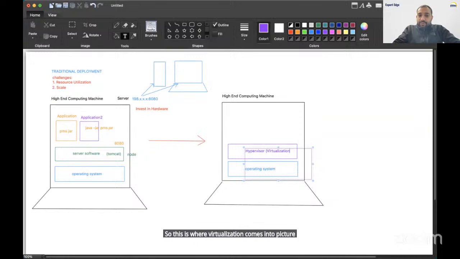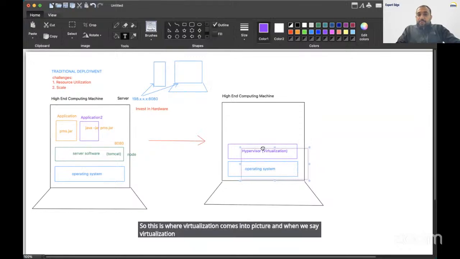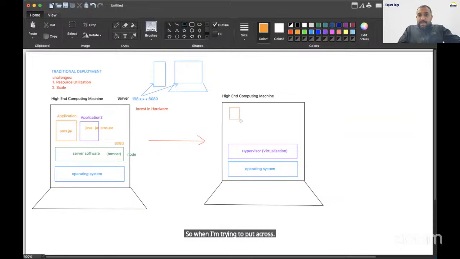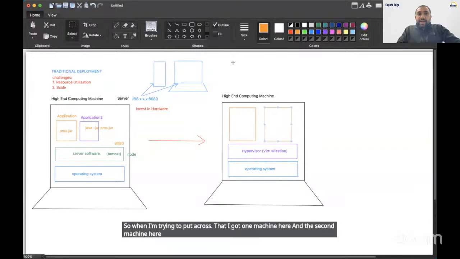And when we say virtualization, we are trying to divide the machine into multiple machines in layman's language. What I'm trying to put across is that I have one machine here and a second machine here. So I can have multiple machines derived from the same machine, and we call it a virtual machine, right? So VM1 and VM2.